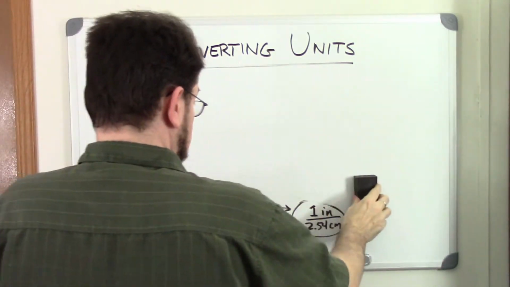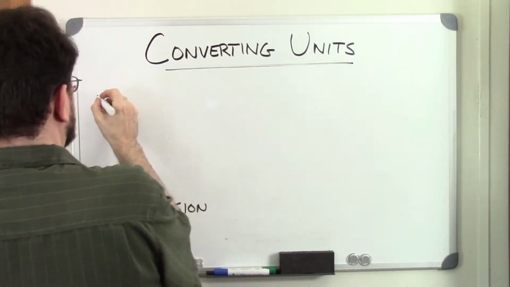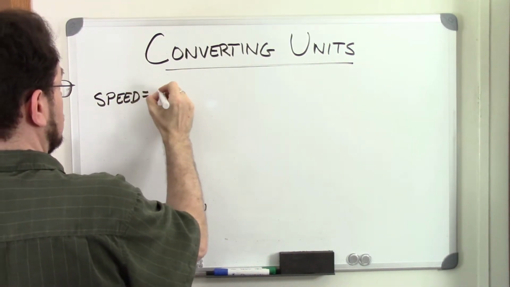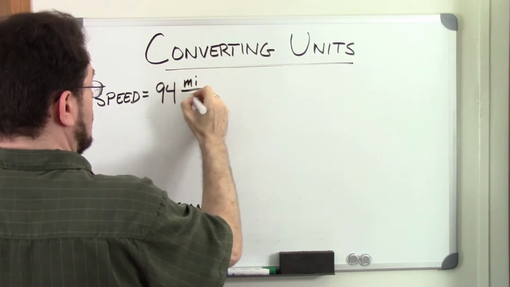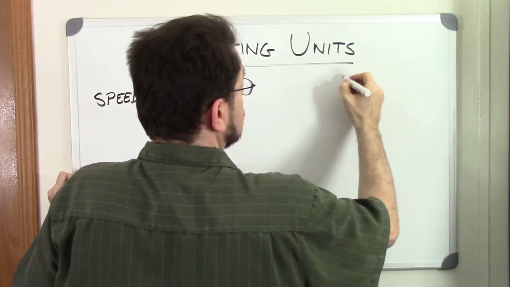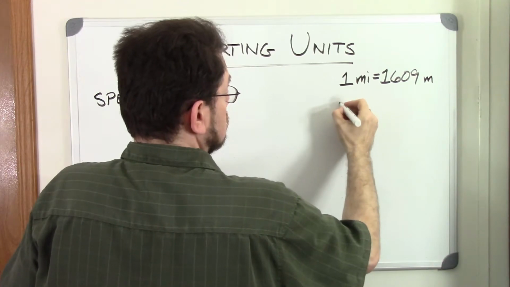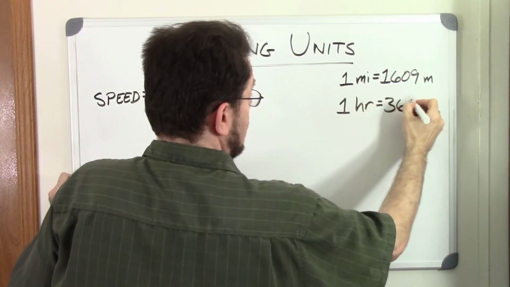Suppose we know a baseball is thrown at 94 miles per hour, and we want to know how fast that is in meters per second. We need to convert twice. Once to convert miles to meters, and once to convert hours to seconds. We can look up how many meters there are in a mile. 1 mile equals 1,609 meters.